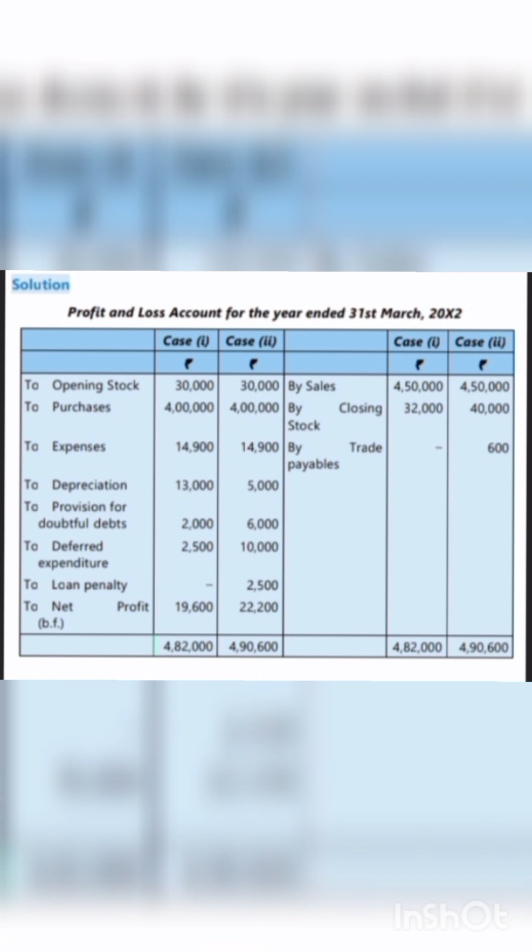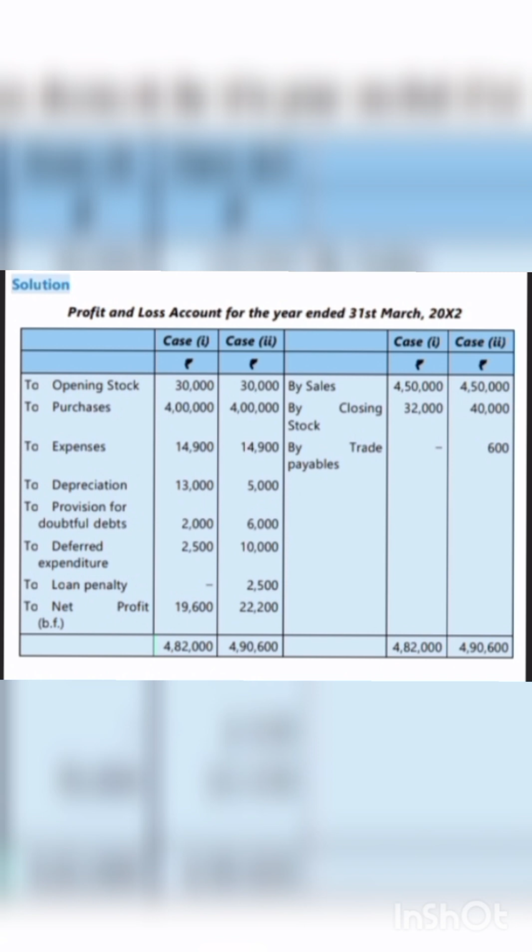So depreciation for 5 years is 65,000, so 13,000 is for 1 year. And in non-going concern it is 5,000. So 65,000 minus 60,000 is 5,000. It has been given in the balance sheet.